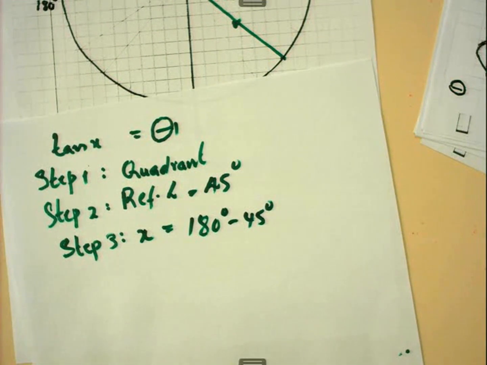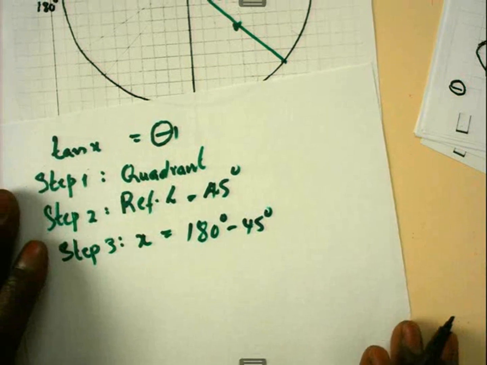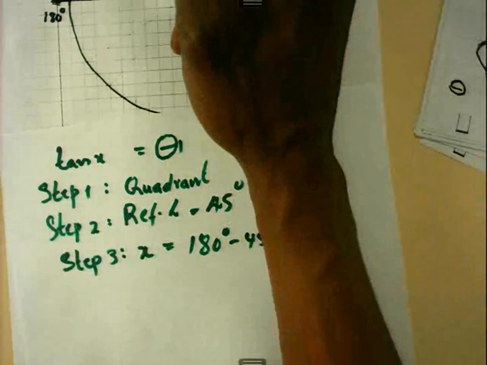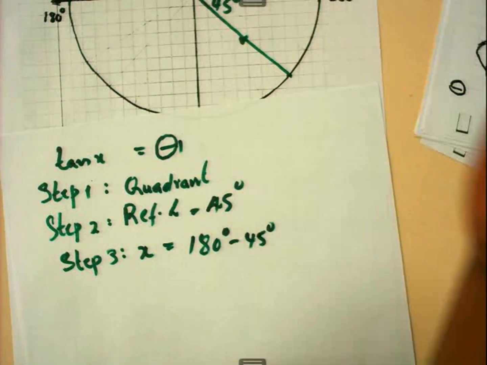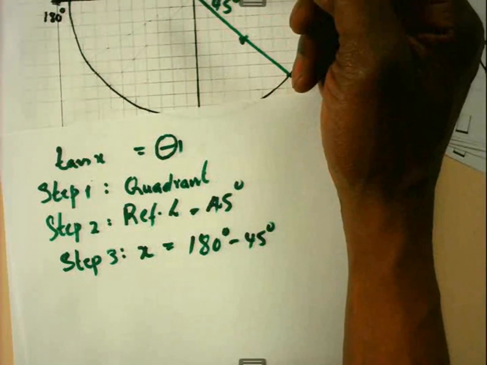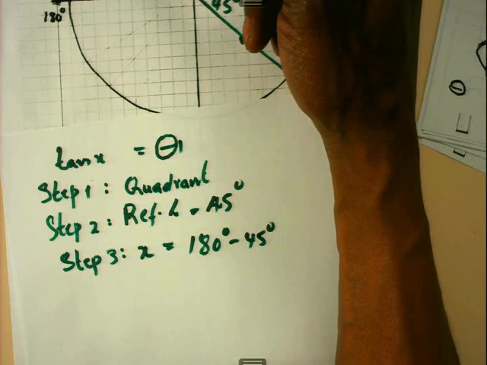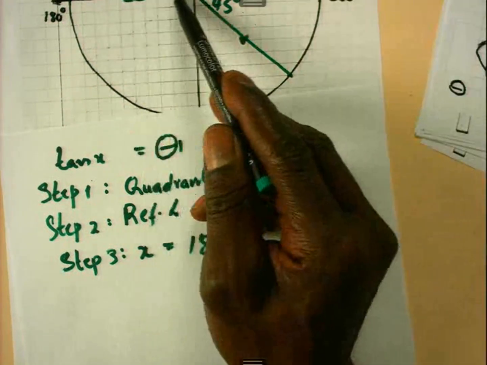Now, we've got to stop and talk about something very interesting when we are dealing with tan. Tan is the ratio of the opposite side over the adjacent side.